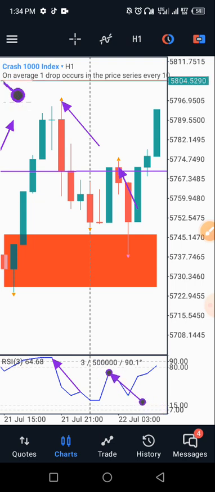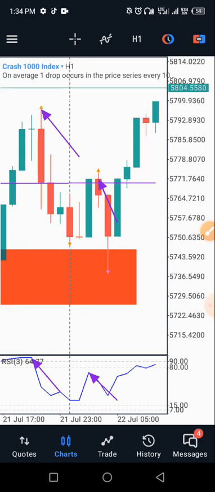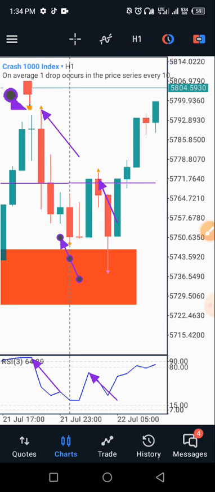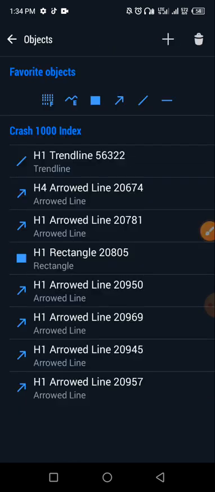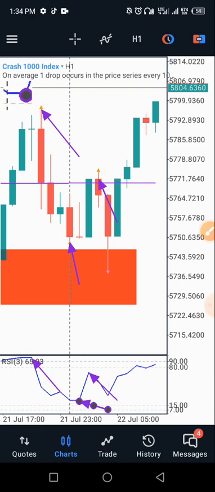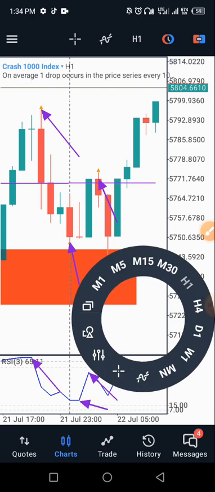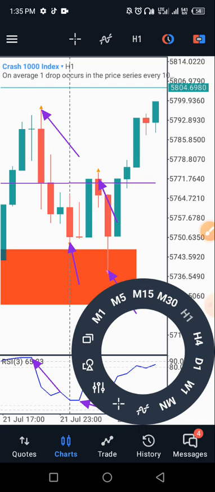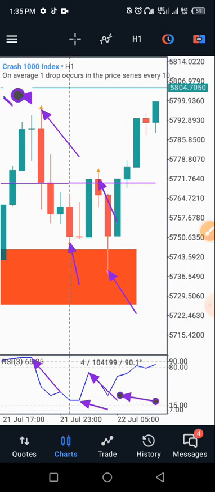But in the case where it is the reverse, for instance, you have a low here, and then on our RSI we also have a low here. But on our market here we have a lower low, and on our RSI we have a higher low.